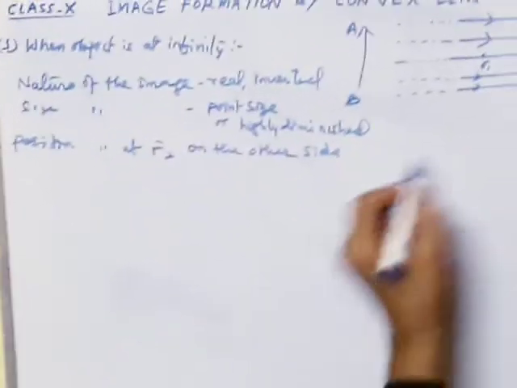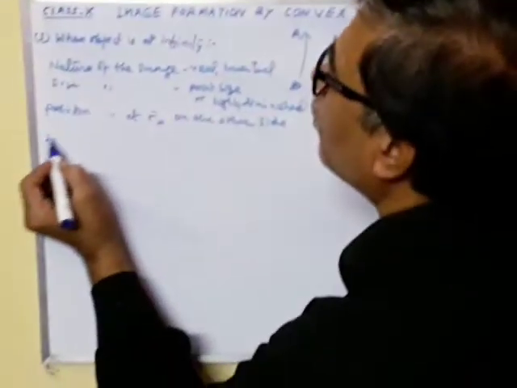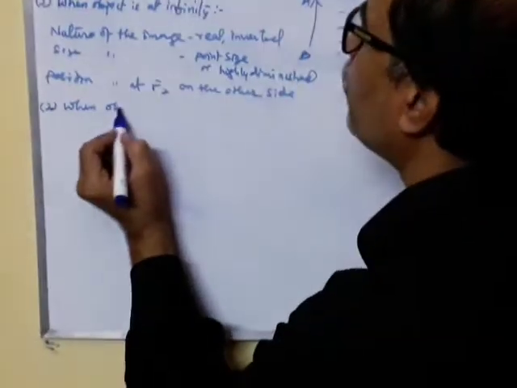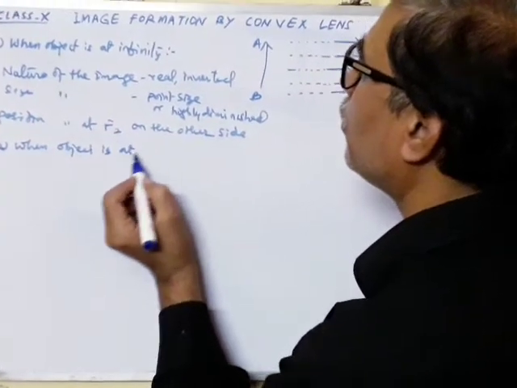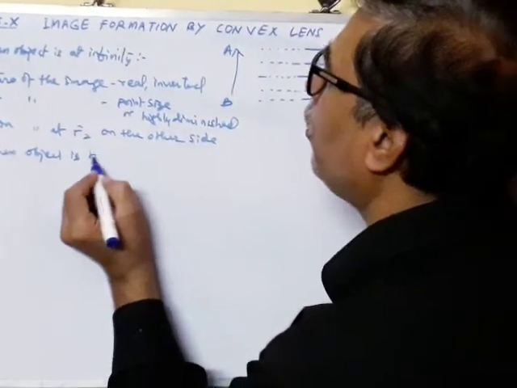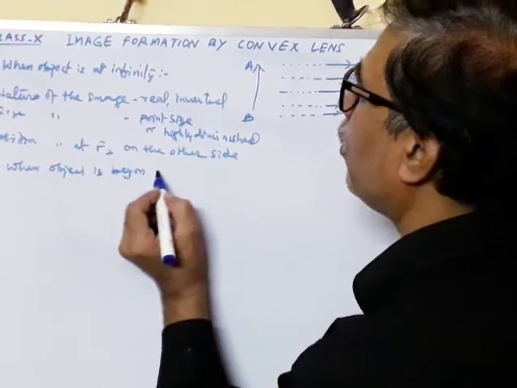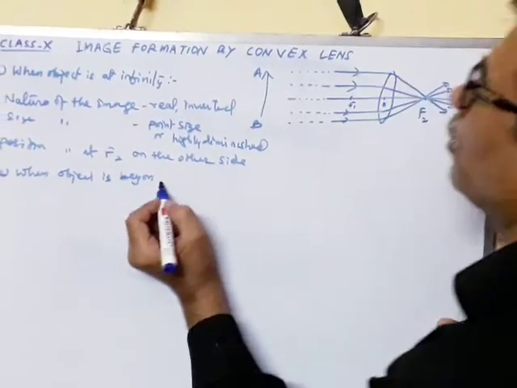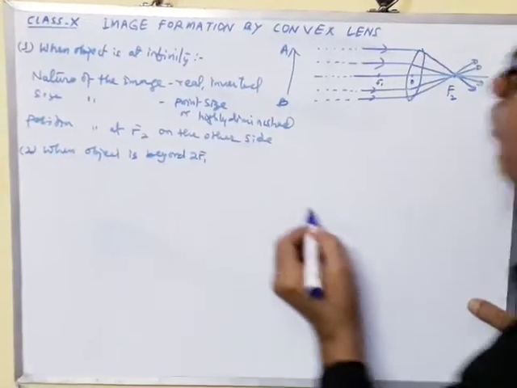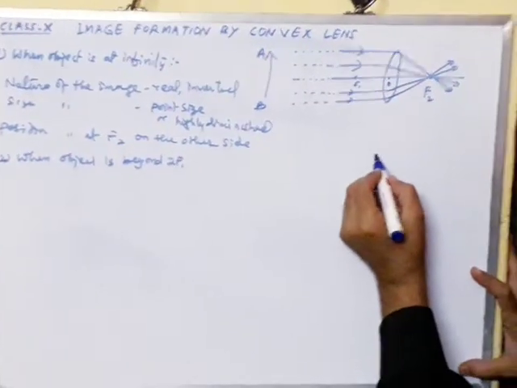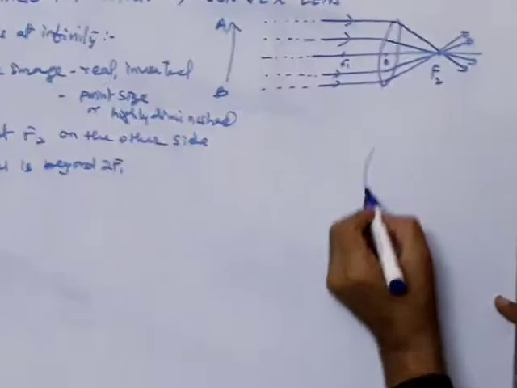Now in the second case, when the object is beyond the center of curvature, that is beyond 2f1.